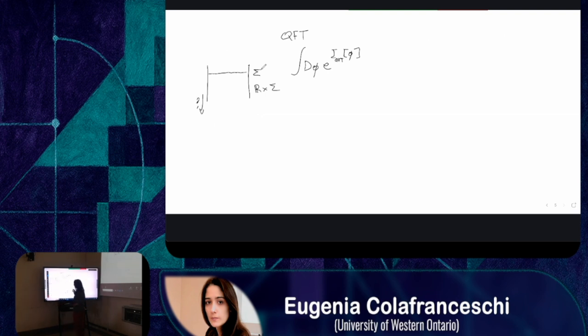But in general, formally, I can put some sources here, perform the path integral. I don't specify the final configuration, and I prepare a state. What I mean by this is that if you actually tell me the final configuration here, let me call it phi tilde, so I specify all boundary conditions, I have my path integral preparing the state psi, but I also tell you what is the configuration on the Cauchy surface.